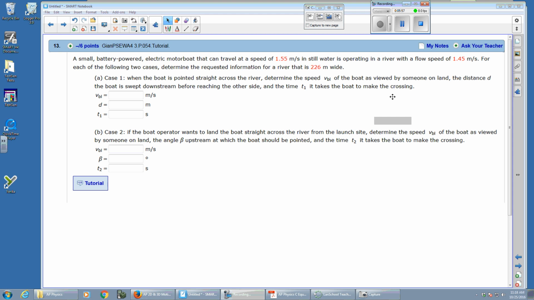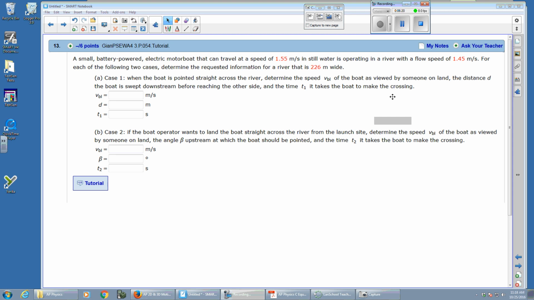It's operating for each of the following two cases. Determine the requested information. The river is this many meters wide. So good. We're back to meters per second and such, not that nasty meters per minute. Straight across the river, determine the speed viewed by someone on land, how far downstream before reaching the other side, and the time it takes, both in minutes.